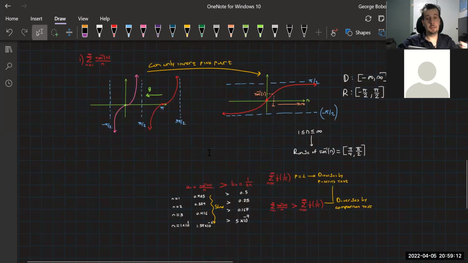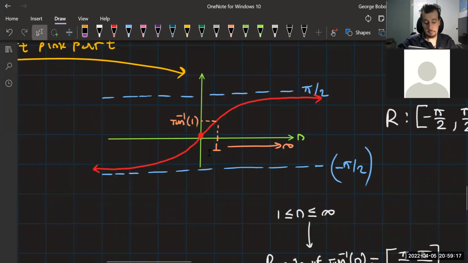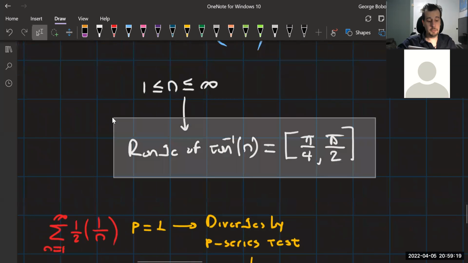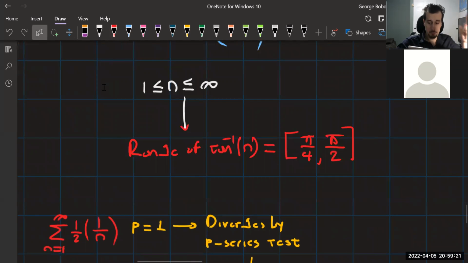You got to understand what the tan inverse does, where it varies between. You see, it was so important to get this, okay? Because now you know that in order to find a series that's consistently smaller, all you need to do is replace the tan inverse with a number that's to the left of pi over 4 here. That we chose 1/2.